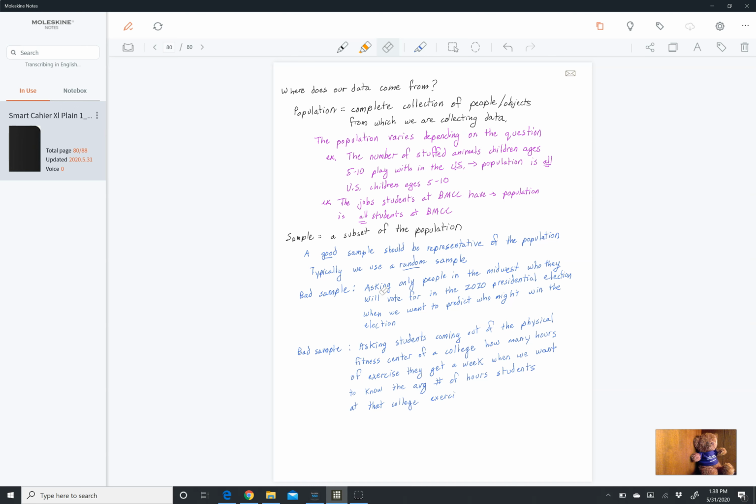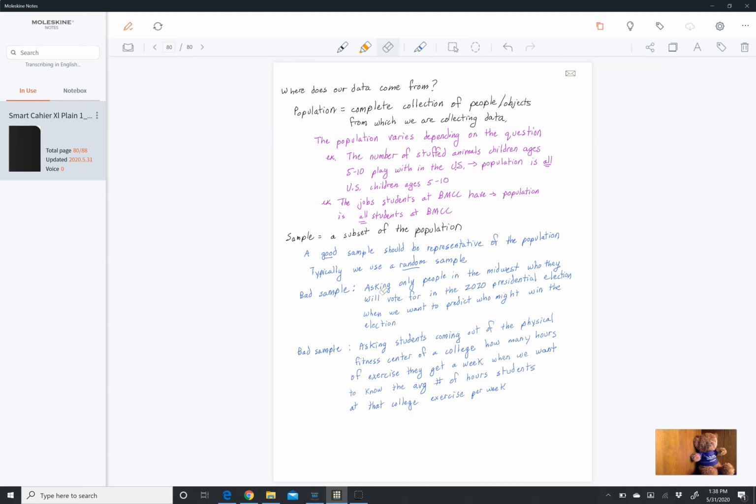Okay, again, this would be a very poor sample, because if you're coming out of a physical fitness center, then you're more likely to exercise, right? People who exercise go to the physical fitness center. So you're not really getting something representative. You also want to make sure that you're including those students who maybe don't exercise at all, okay?